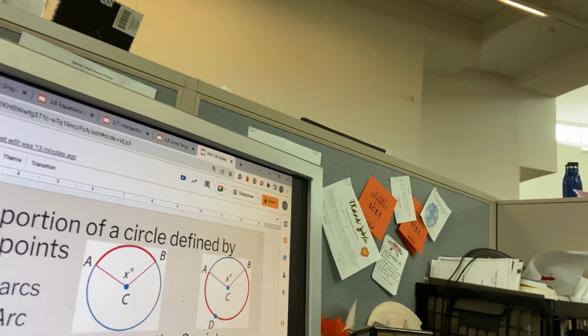And then we have a semicircle if it's half, okay? So minor arc if it's less than half, major arc if it's more than half, and then the semicircle if it's exactly half. If it's a semicircle or a major arc, typically you're going to see 3 letters because they have to indicate that this arc goes some other direction through some other point so that you know which way it's going.